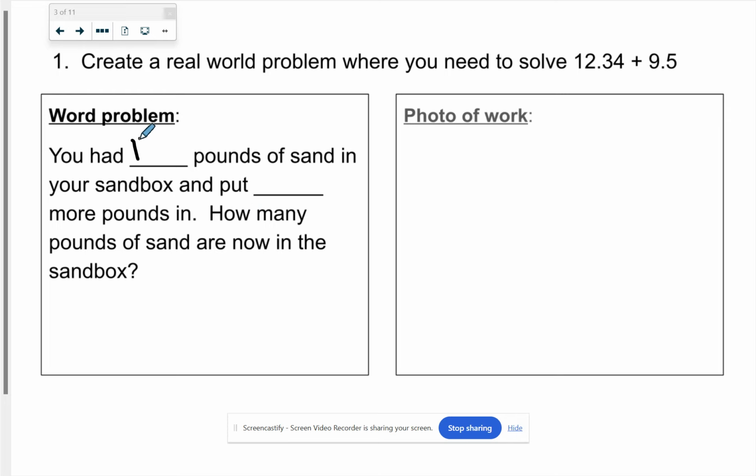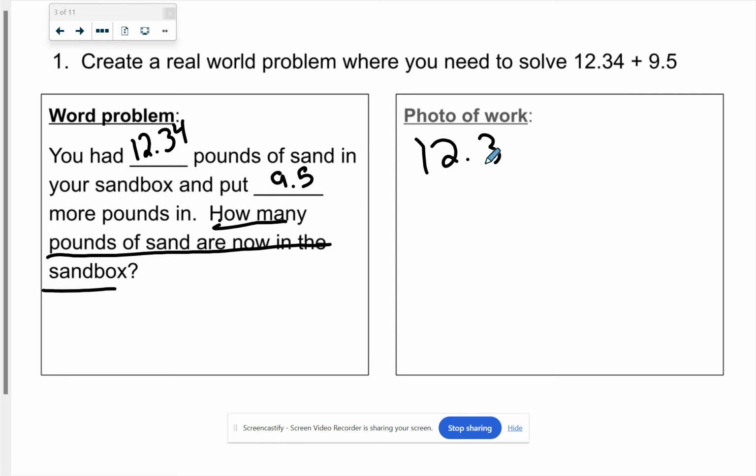So let's fill in our numbers here, 12 and 34/100ths and 9 and 5/10ths. Reminder, we want to add these together because we want a total amount of sand. We originally had 12 and 34/100ths, and we want to add together 9 and 5/10ths.